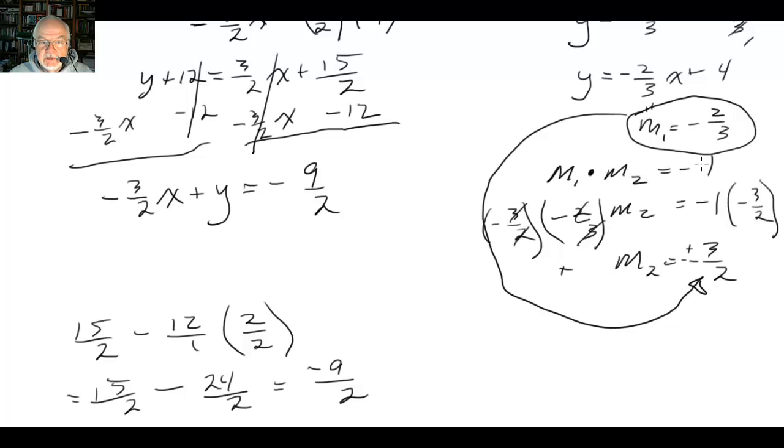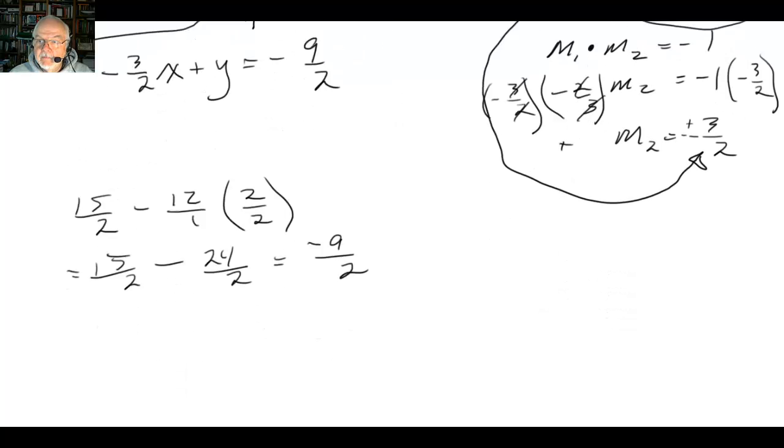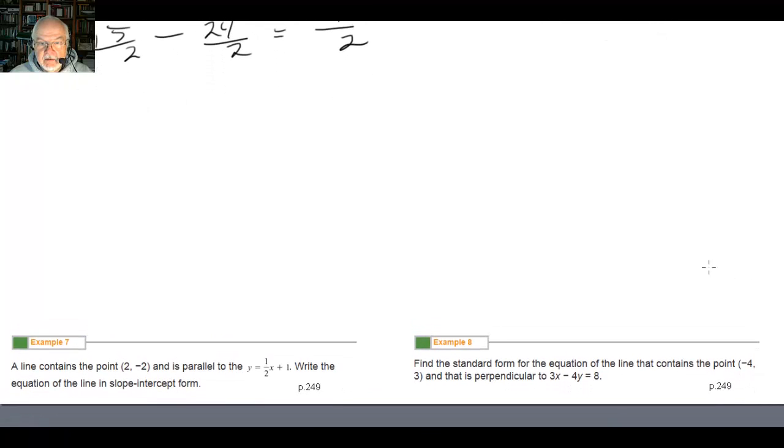Now, if you've done that, you should do example 7. Example 7 is a little bit different. In here, the trick is that they want it parallel. So this basically means we need to find the slope of this line, and the slope of that's a half.